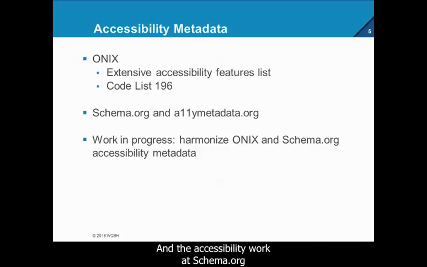And the accessibility work at schema.org was kicked off by Benetech and the Diagram Center using a project called Accessibility Metadata, or A11ymetadata.org. And there's still information at that project site. We have some work in progress to try to harmonize between the ONIX accessibility list and the schema.org metadata, both to make sure that both of them are complete and to make it easier for anybody who's trying to convert between them.